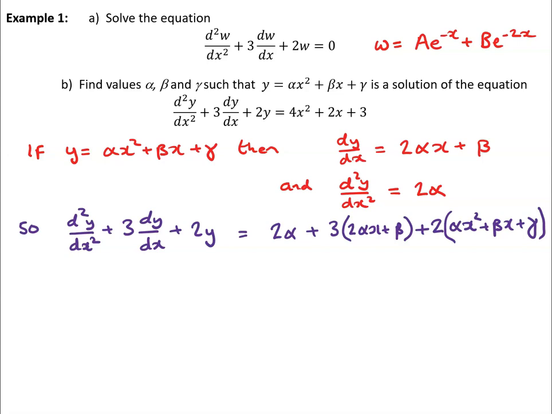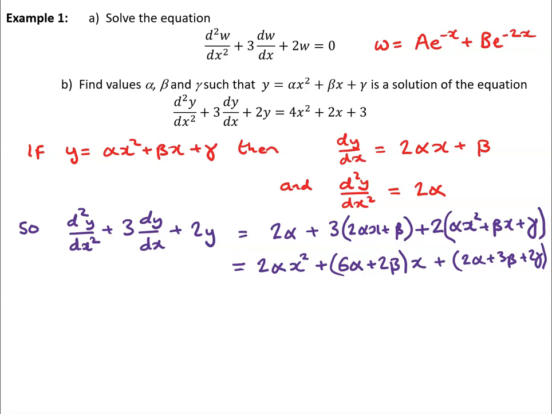And if we collect together the different powers of x, we've got 2 alpha x squared, which just comes from the final bracket in the line above. We've then got 6 alpha x plus 2 beta x. In other words, we've got 6 alpha plus 2 beta, times x, coming from the two brackets in the line above. And then for the constant term, we've got 2 alpha plus 3 beta plus 2 gamma.